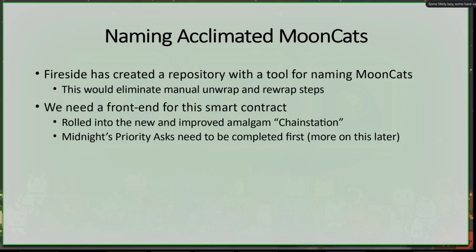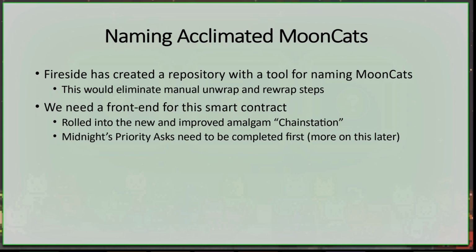They have not provided a front end for this smart contract, and the smart contract has not been audited. But once those two pieces have been done, ideally we would roll this into the new and improved Amalgam chain station that we've talked about a lot, which is you connect your wallet once and you're able to access the jump port, the purse, the boutique, the photo booth, all of these things, MoonCat purchasing and managing your MoonCat pop.